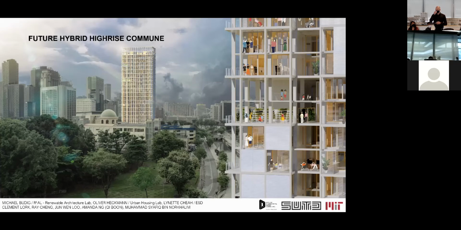So we foresee a future where a building has some degree of flexibility. I mentioned this word before, so that if a space is currently not occupied, the community in the high rise may opt to transform that into a public or a shared function.